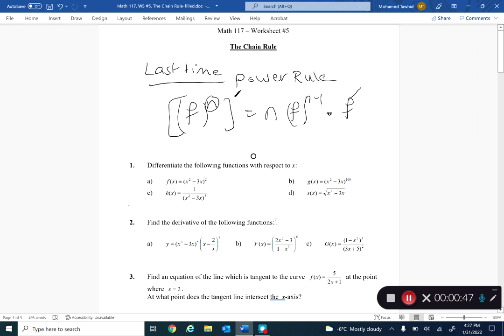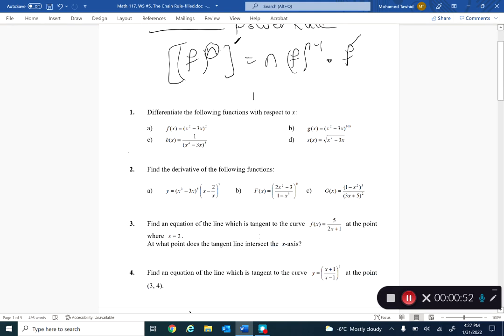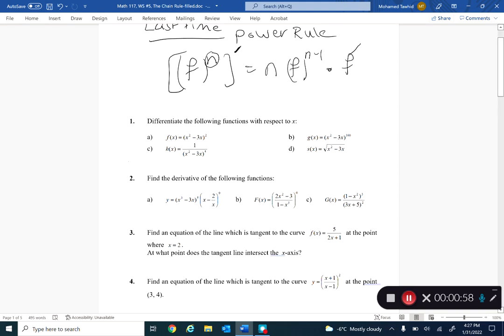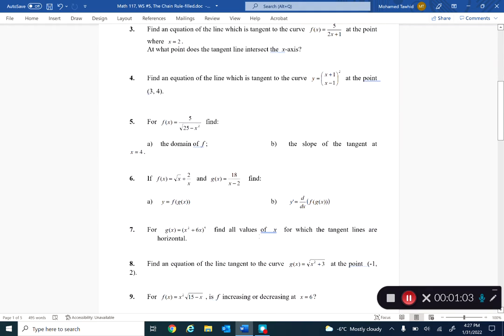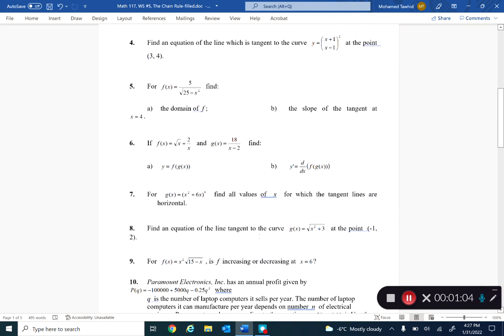Maybe I give you one example to review what we have here. Maybe I solve something different from what I solved in class.